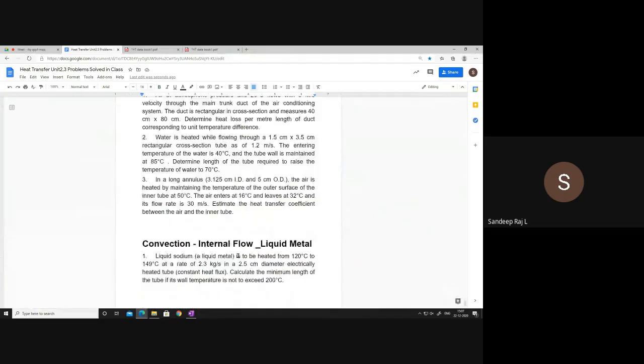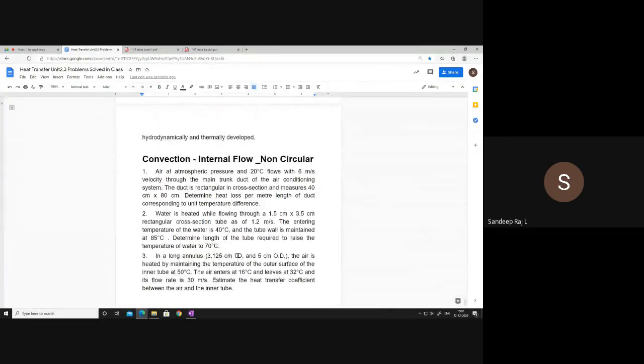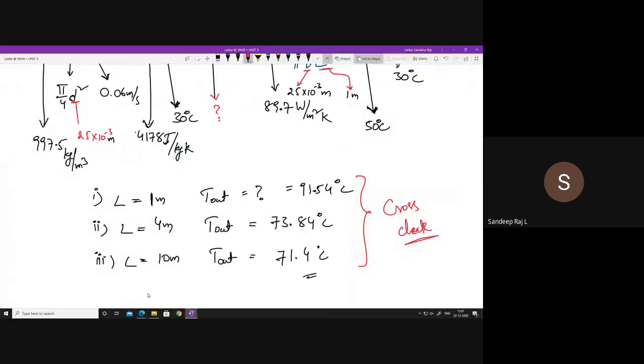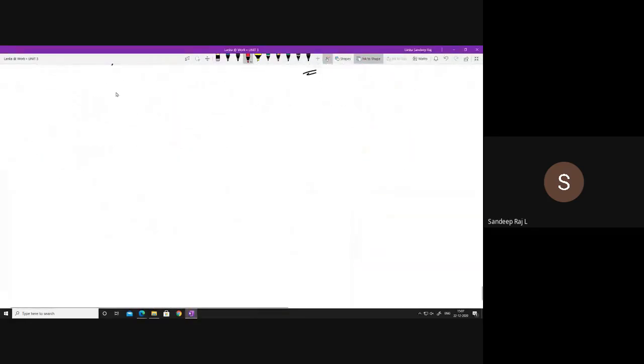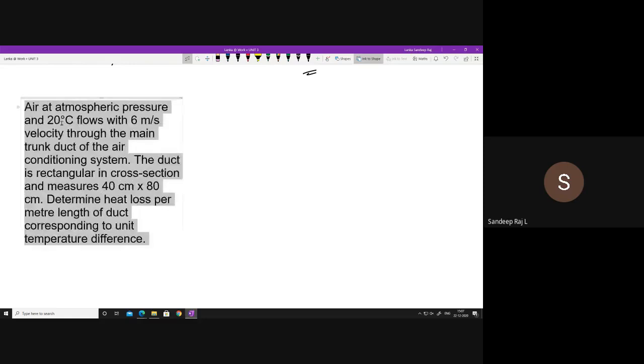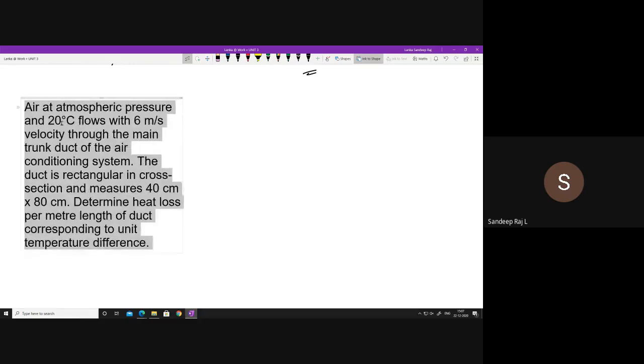Right, let us move to the next question here. It is a non-circular type thing. See, so far what we have seen is only a circular problem.